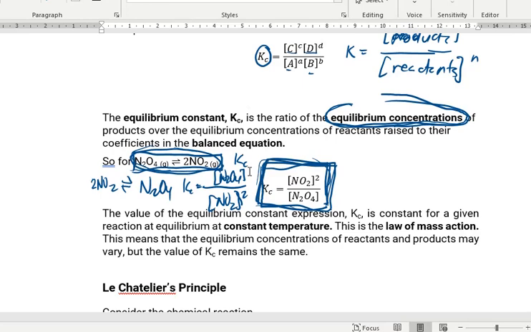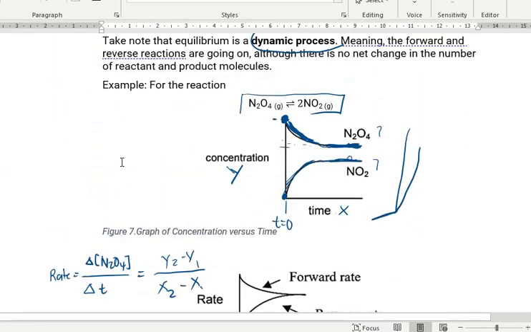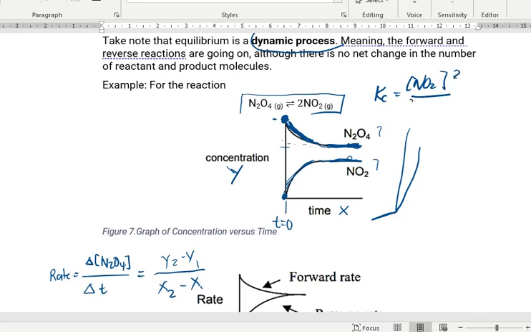So, for example, the expression for this one is NO2 squared over N2O4, concentrations. So, what this means is that you should take the equilibrium concentration. You substitute that into the expression. So, you do not use the initial concentration, okay? Many students make mistakes on this.